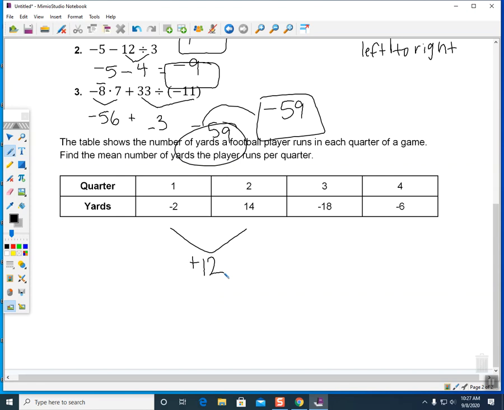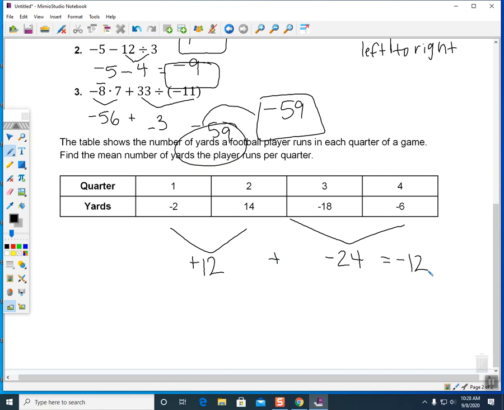And then I will look at my next one. So I've got negative 18 minus 6. That's going to give me a negative 24. Okay? If I add these two things together, so I'm adding up all 4, 12 plus a negative 24 is going to give me a negative 12. Am I done? No, I am not done.